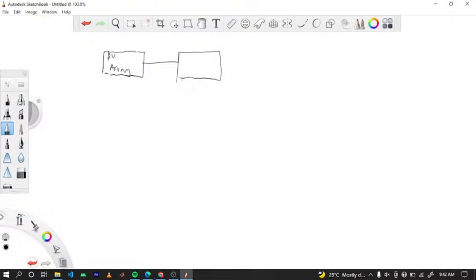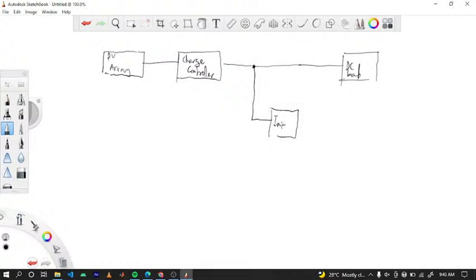I have a charge control. I have an inverter to supply AC loads. Then I have a battery here.